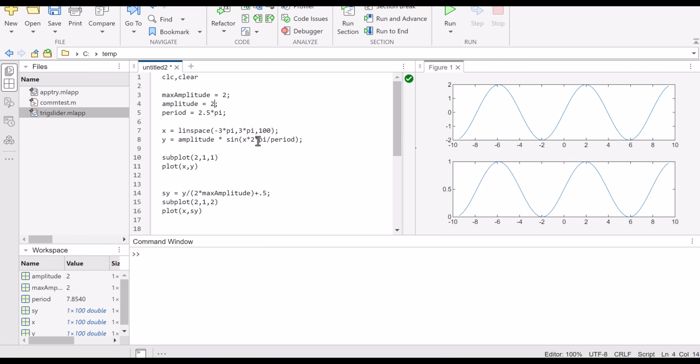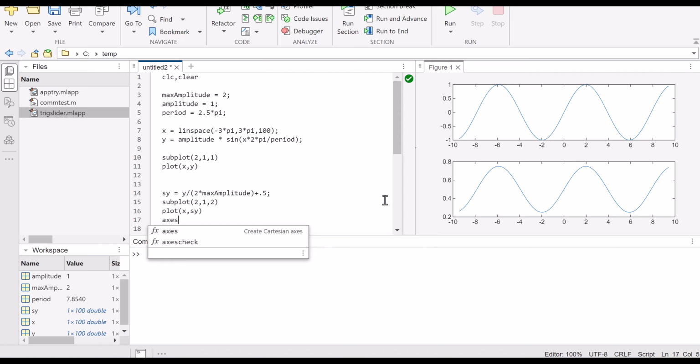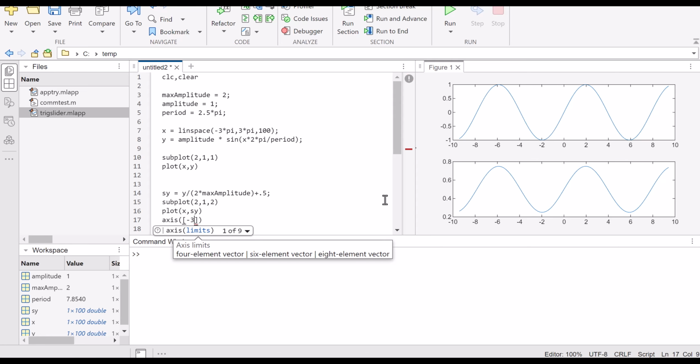But if maybe my amplitude is only half of the max, oh, that's going to be harder to see. Let me set my axis from negative 3 pi to 3 pi and 0 to 1.